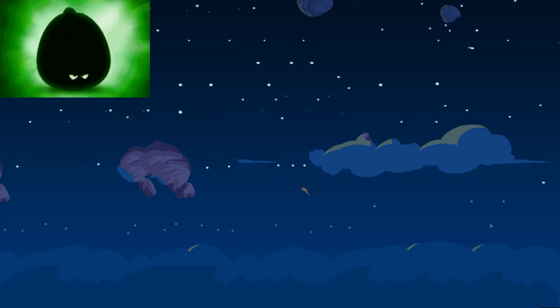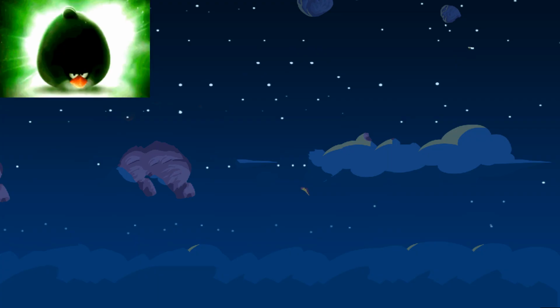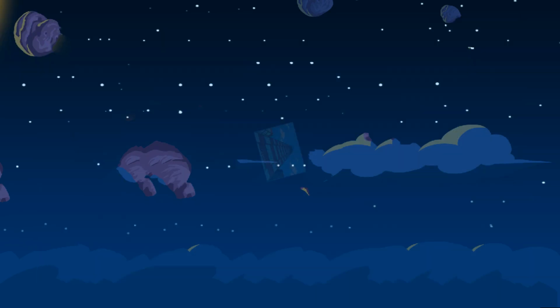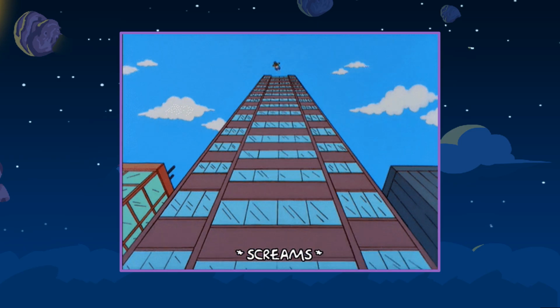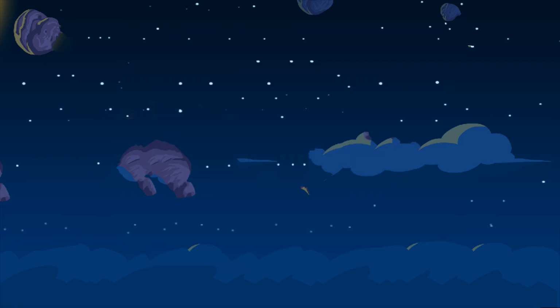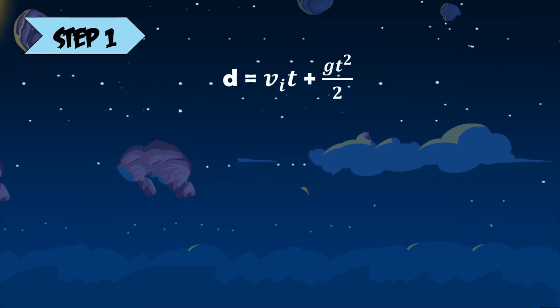Free fall is a state of a body that moves freely in any manner in the presence of gravity. Assuming no air resistance, all problems involving motion of falling objects can be solved by using equations for accelerated motion. The displacement of falling objects in a given period of time is computed by the equation displacement is equal to initial velocity times time plus gravity times time squared all over 2.